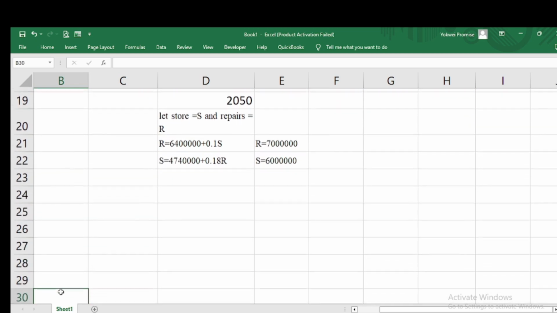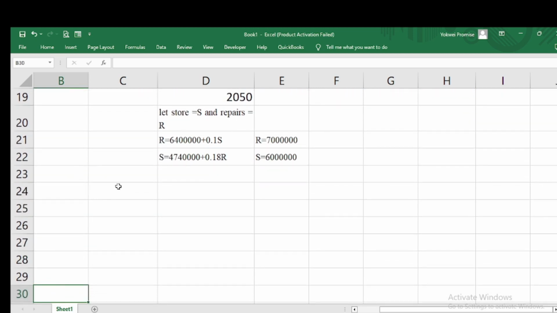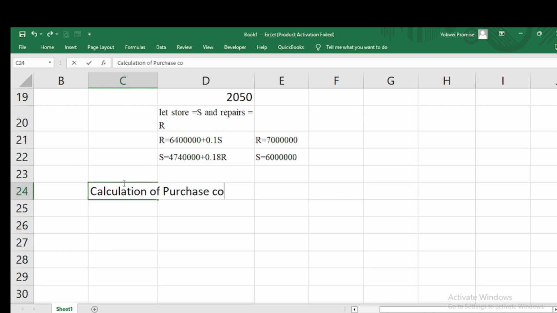That's a calculation of purchase cost, of raw material 1 and raw material 2.